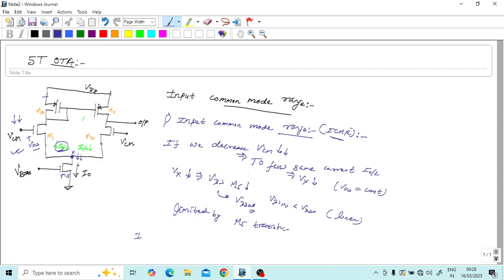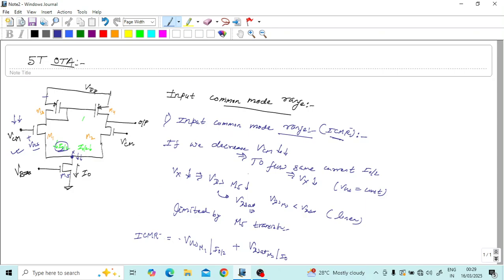So what will be the ICMR minus? That is the lowest input voltage that we can apply to the input so that all the transistors are in saturation. That will be the VGS of transistor M1 at current I0 by 2 plus VDSAT of transistor M5 at I0.